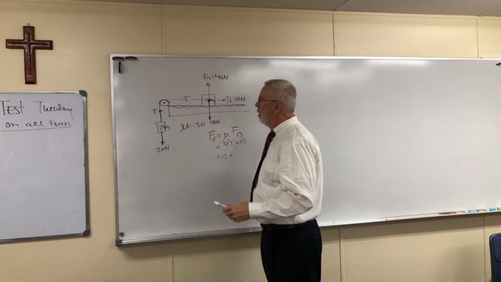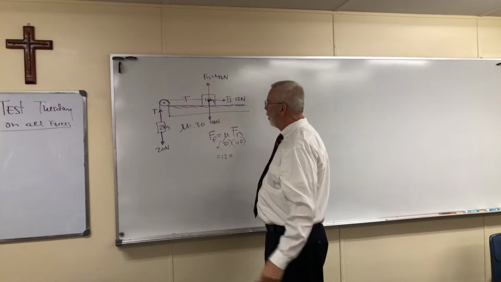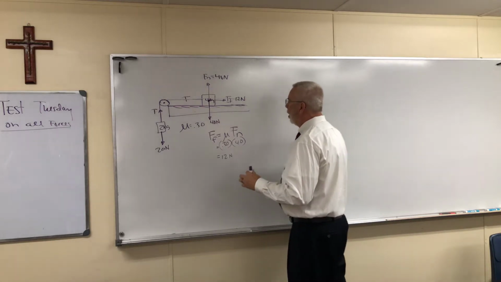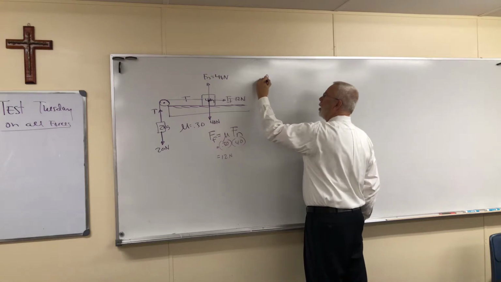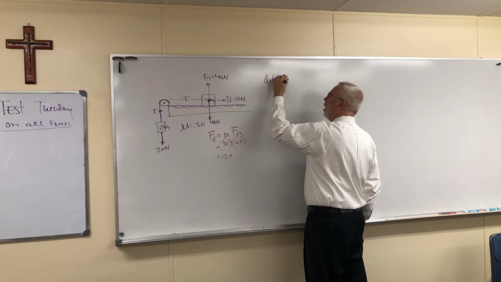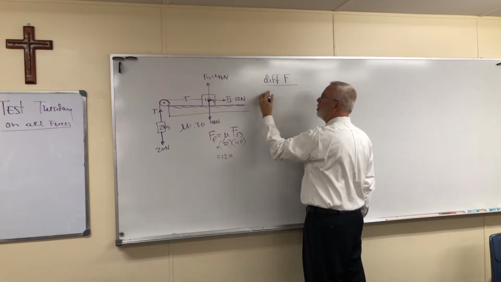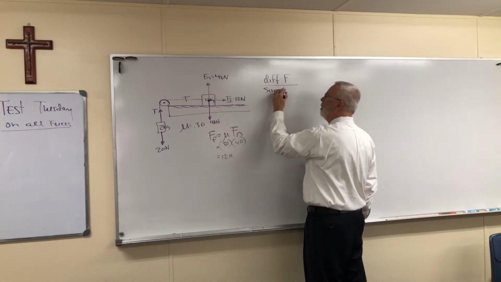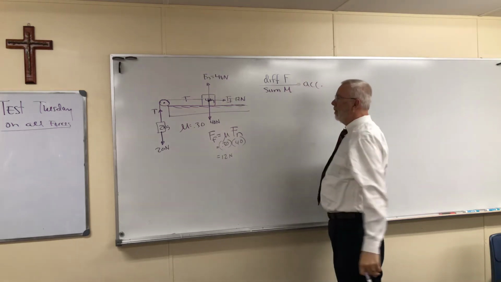Okay? So we've got all of our forces drawn in the problem. And so let's go back and refresh to look at our easy way for solving Atwood devices. It's the difference of the forces divided by the sum of the masses, which gives us the acceleration.